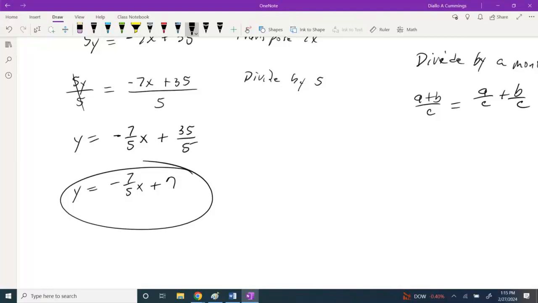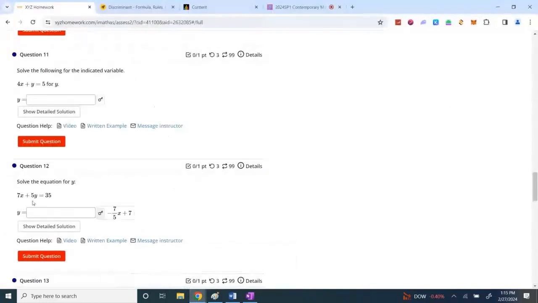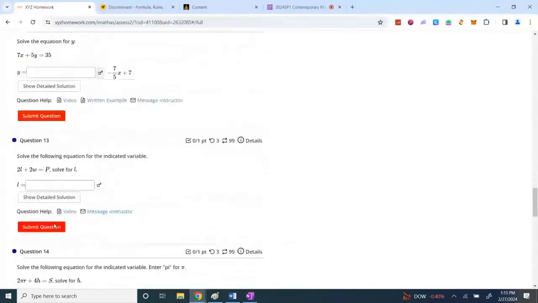So here we don't actually get a numerical value. We're just simply isolating, in this case, for y. We're solving for y. Problem number 13 is similar, right? You're asked to solve for L. Okay, so you would transpose the W and divide by 2.